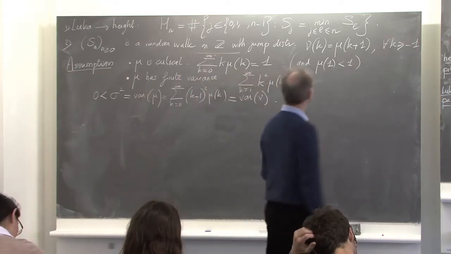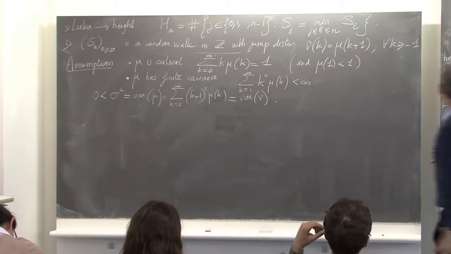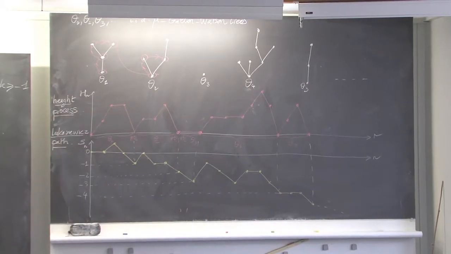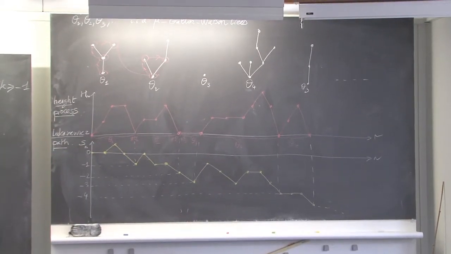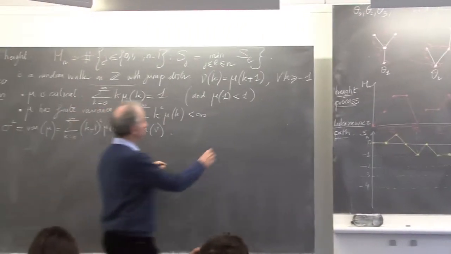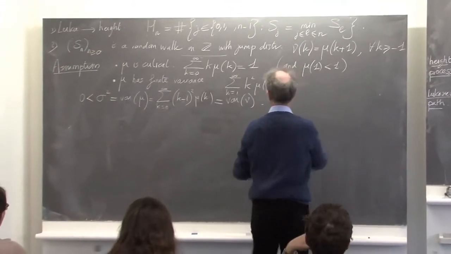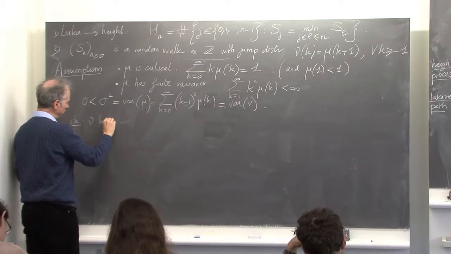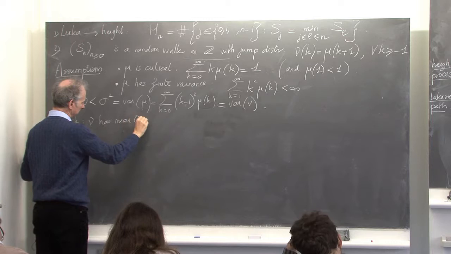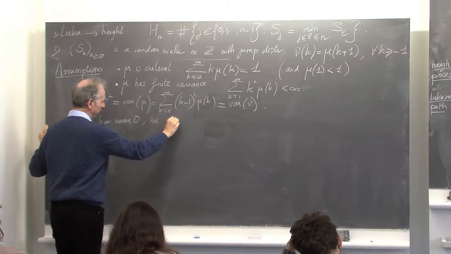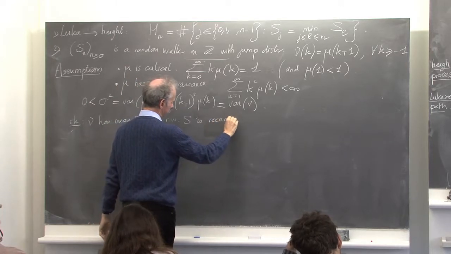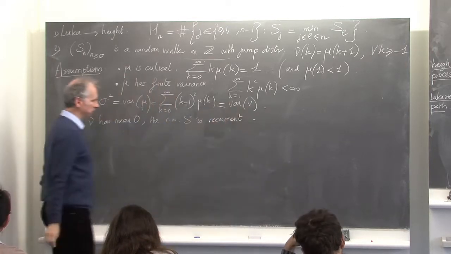Well, now I can state asymptotics for the random walk capital S. Perhaps something I should have said earlier: the fact that mu is critical, that mu has mean 1, implies that nu has mean 0, and the random walk S is recurrent. I will use that later, in fact.